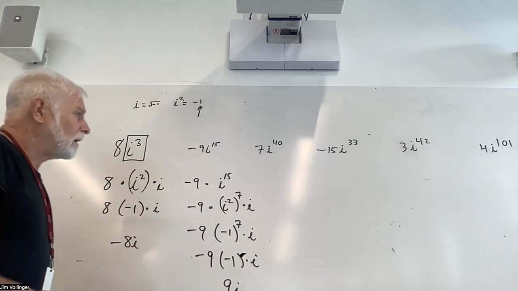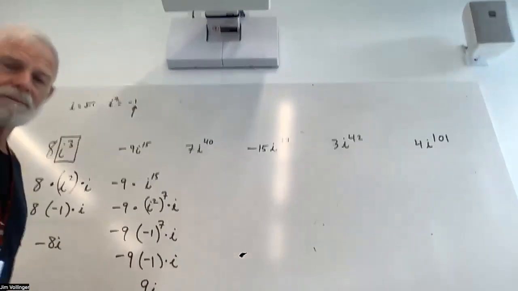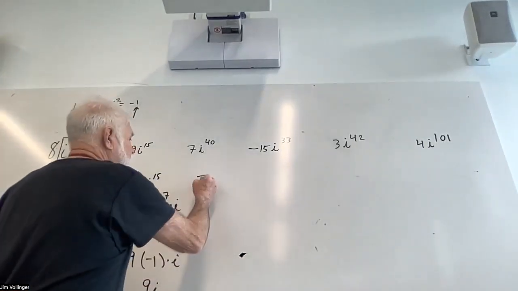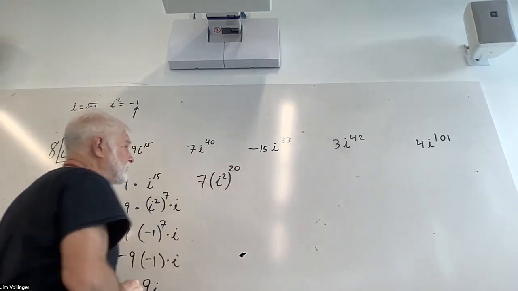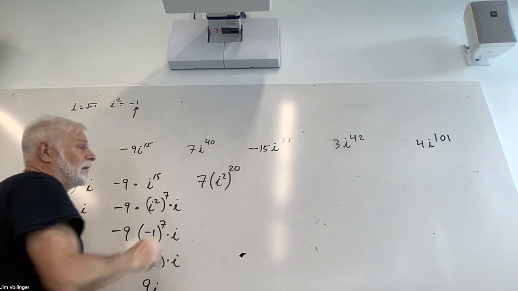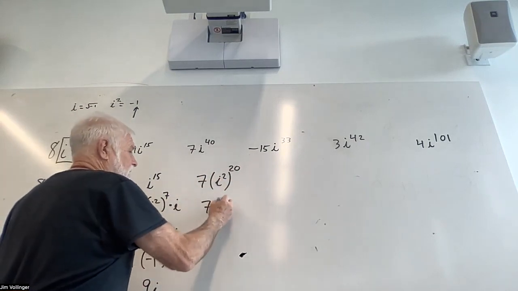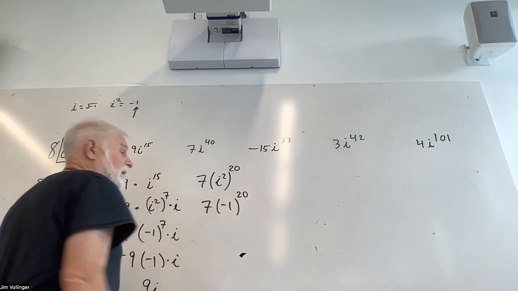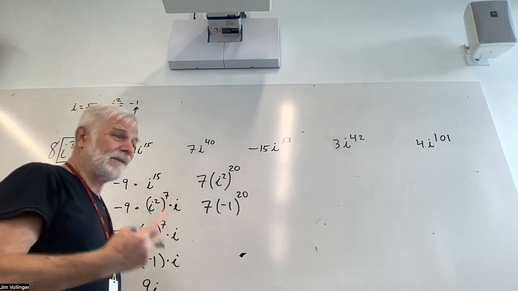Okay. 7i to the 40th. 7 i squared looks like 20 times gets the job done. No remainder, and there's no extra i there. So that's 7 times -1 to the 20th. I hope we recognize that one negative is a negative.